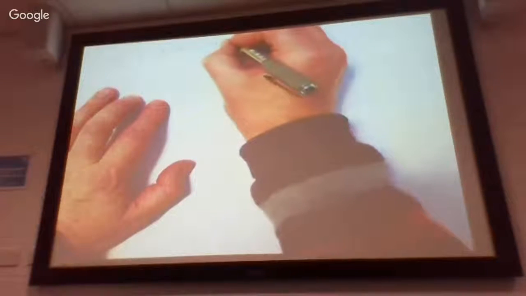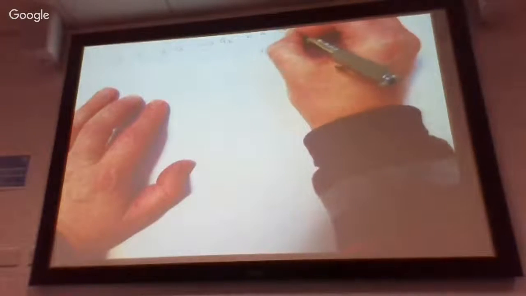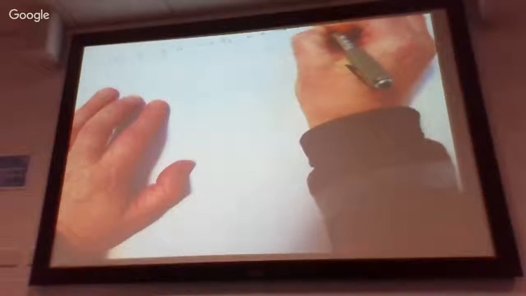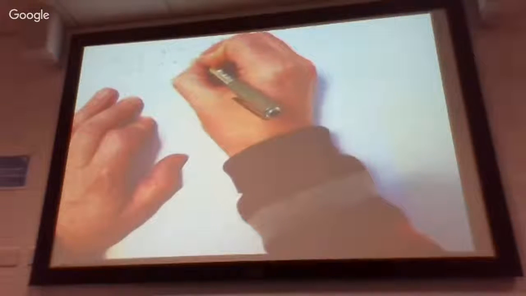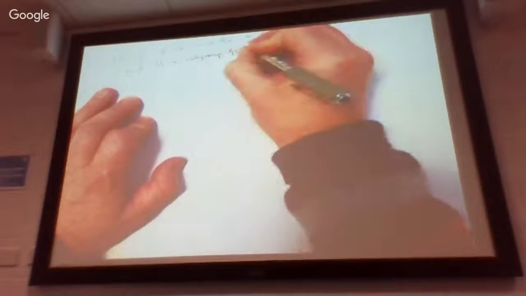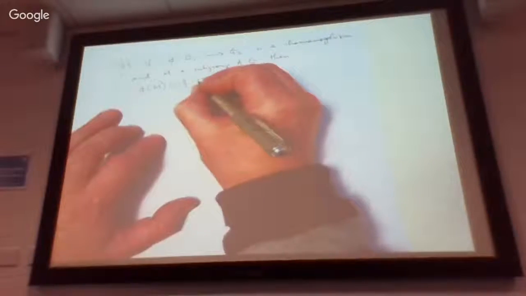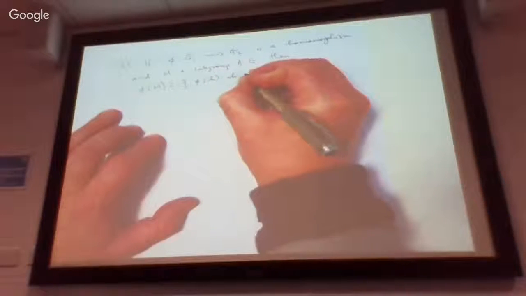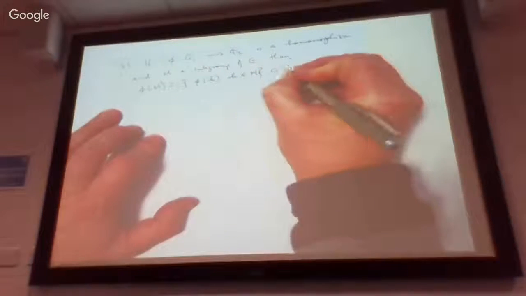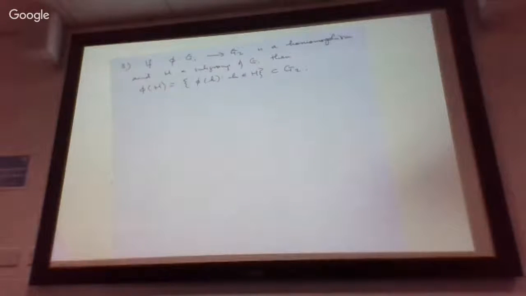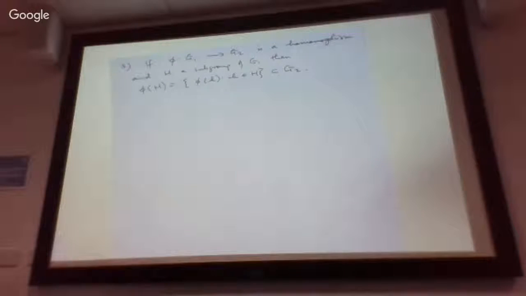So if phi: G1 → G2 is a homomorphism, and H is a subgroup of G1, then phi of H, and it's clear what we mean by phi of H, phi of a subset of G, we basically here mean the set of all phi of little h over every little h within H. This is certainly a subset of G2. Taking a subset in the domain, map it across using phi into the codomain.